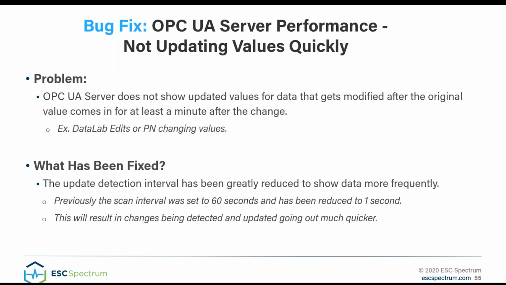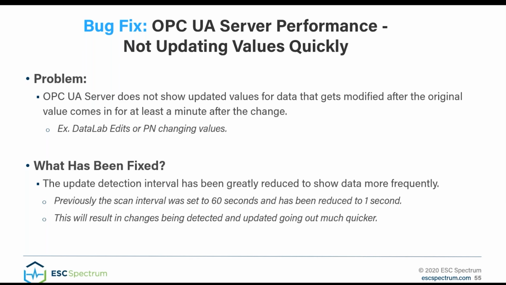OPC UA server performance, not updating values quickly. The problem was that the OPC UA server did not show updated values for data that got modified after the original value came in for at least a minute after the change.